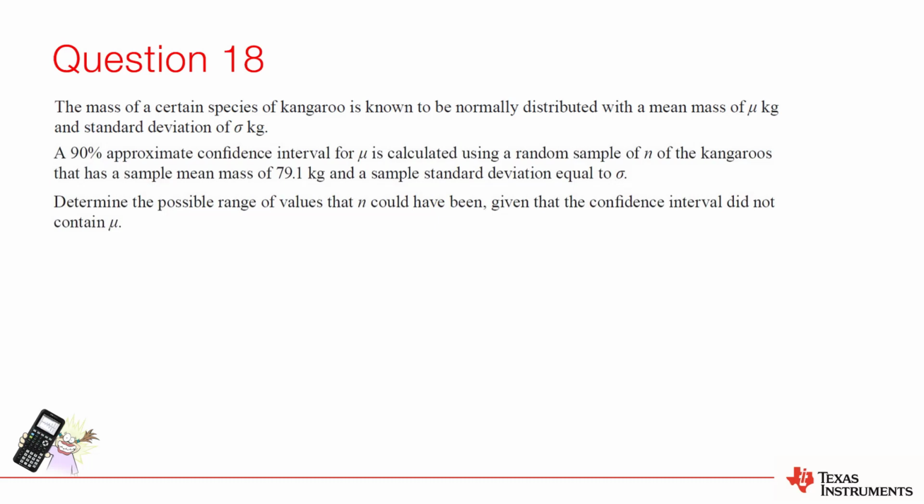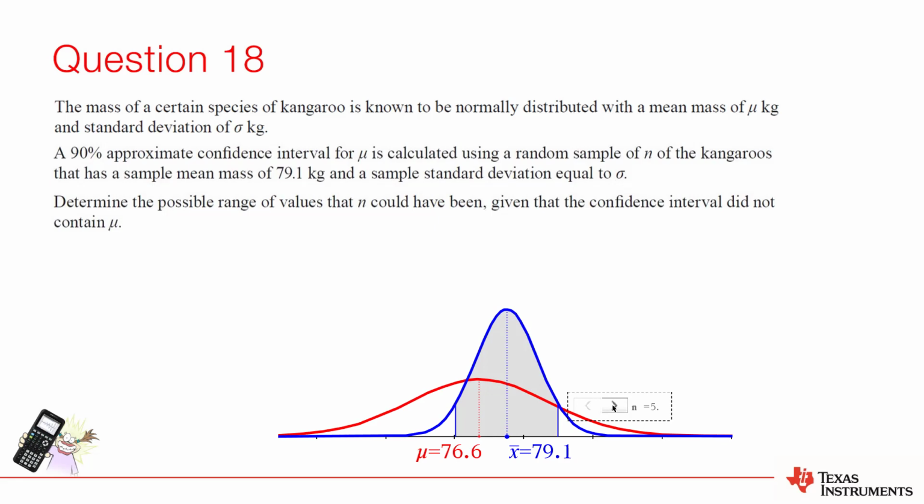Let's take a look at this for a moment to see what's going on. The red graph is for our kangaroo population. The blue graph is for a sample of size n with a mean of 79.1. And the shaded region and corresponding vertical lines represent our 90% confidence interval.